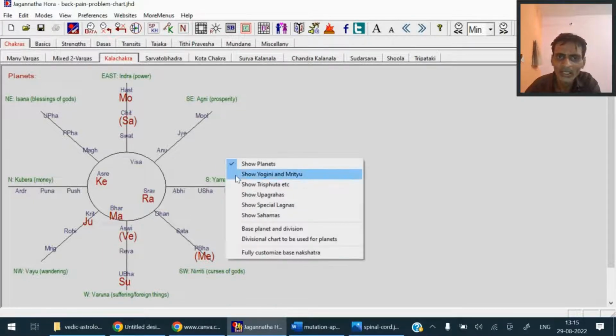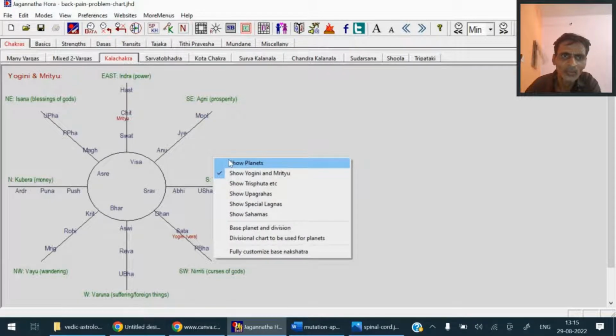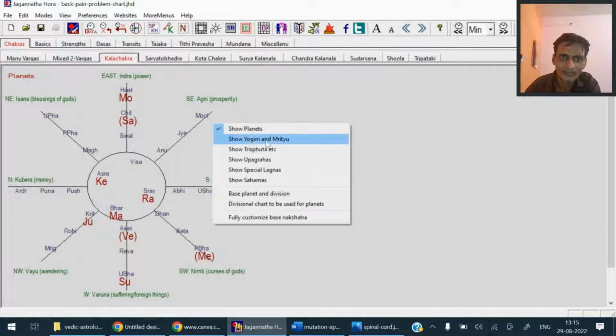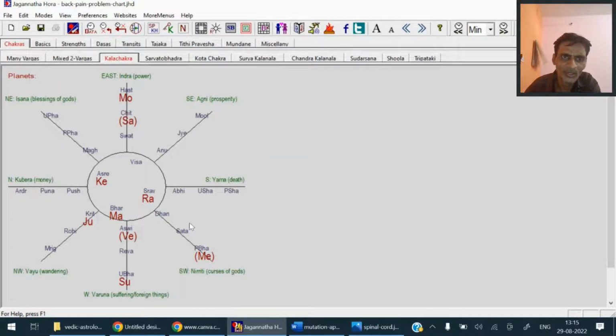Now again right click here and show Yogini and Mrityu. As you can see, Mrityu falls in Chitra and Yogini falls in Satabisha. Now right click and show planets. Now Saturn is placed in Chitra Nakshatra, and the ascendant is placed in Satabisha Nakshatra.